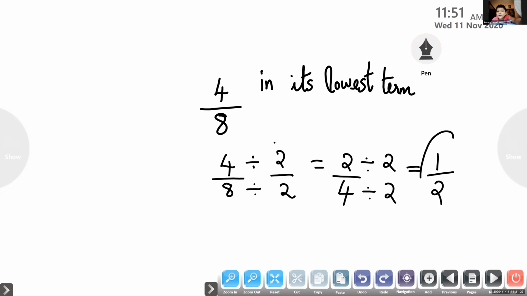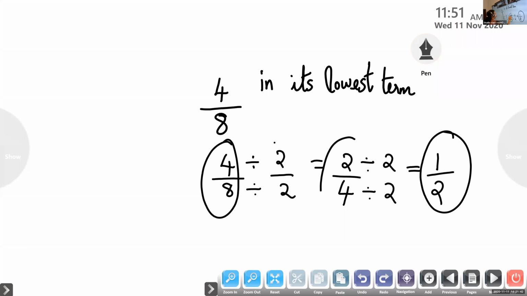So children, 1 by 2 is in its lowest term. 4 by 8, 2 by 4, and 1 by 2 are equivalent fractions, but which fraction is in its lowest term? 1 by 2. So children, you can make the lowest term by division.